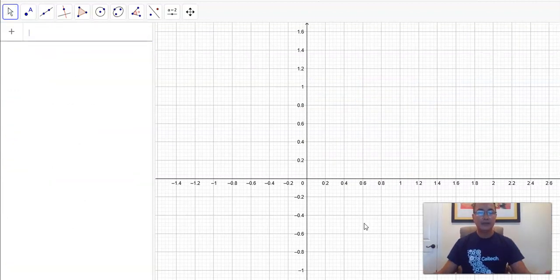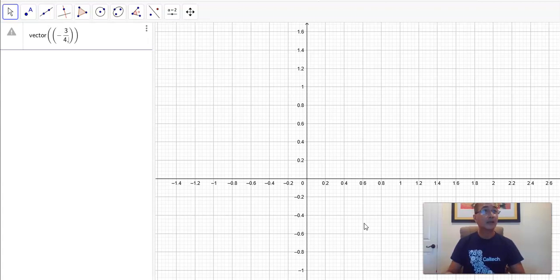So our matrix is negative 3/4, 0, 0, 1. We said that in column 1 is hiding our transformation for E1. So E1 turns into the vector negative 3/4, comma, 0. Ooh, okay.